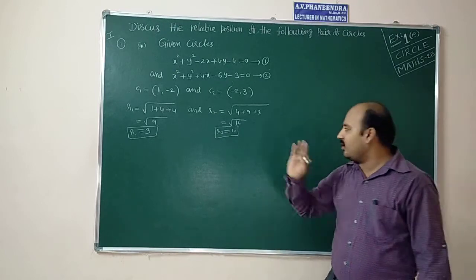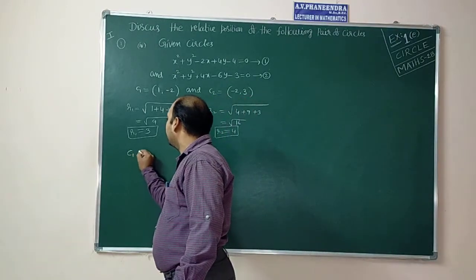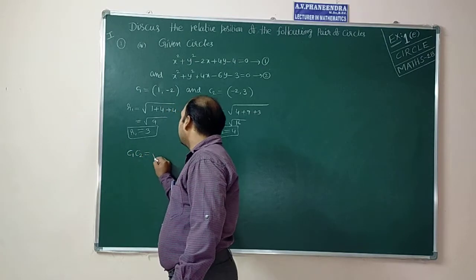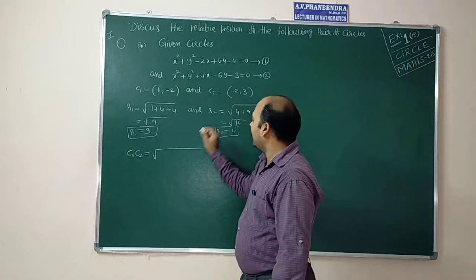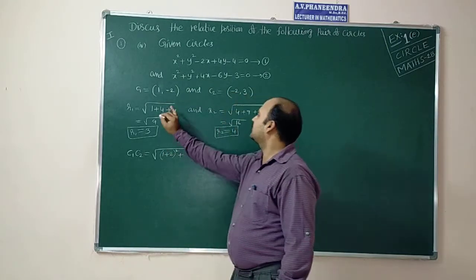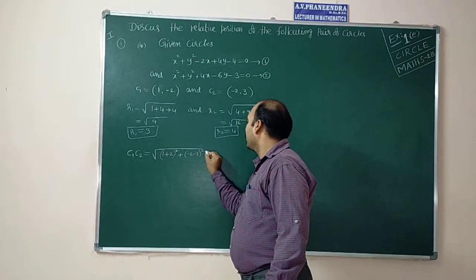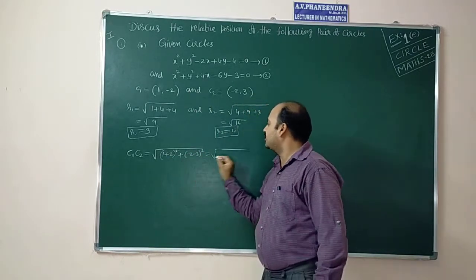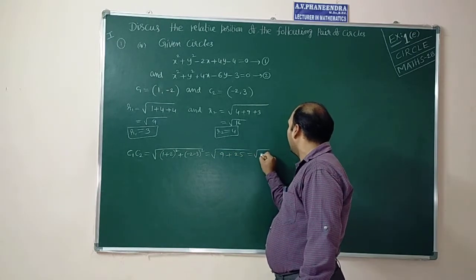R1 value we got, R2 value also we got. After that, find the distance between the centers. C1 C2 is equal to square root of (1 minus of minus 2), that is 1 plus 2 whole square, plus (minus 2 minus 3) whole square, which is equal to square root of 3 square is 9 plus 5 square is 25, which is equal to root 34.